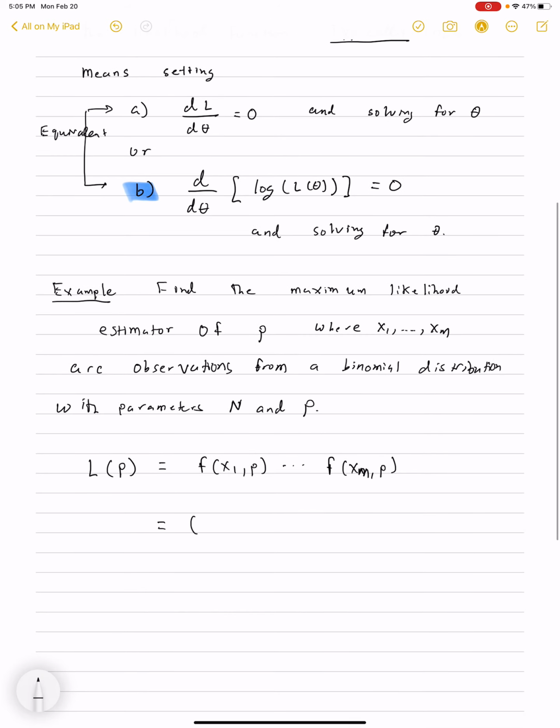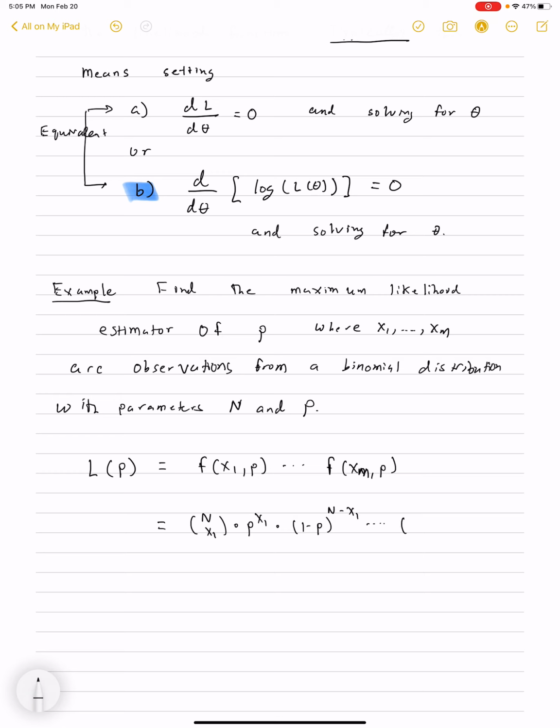So this will be n choose x1 times p to the x1 times 1 minus p to the n minus x1. And this continues m times.